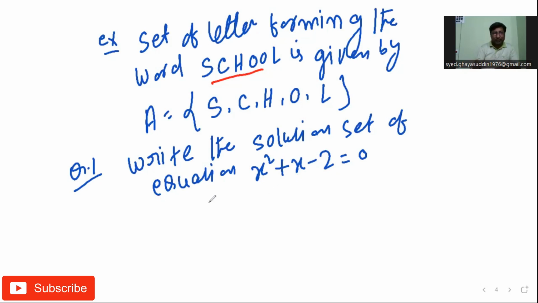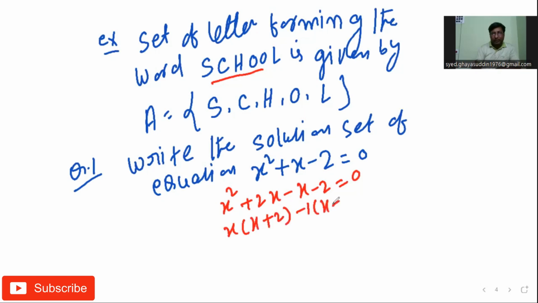Yes, you see here: x squared and this is x. So you can write this as x squared plus 2x minus x minus 2 equals 0. We have split this x into 2x minus x. Now take x common, so this is x(x plus 2). Here minus 1 is common, so this is minus 1(x plus 2). This equals 0.